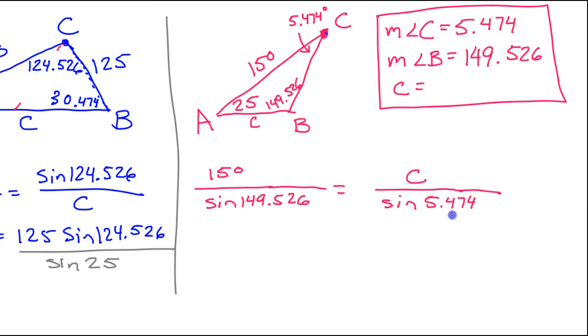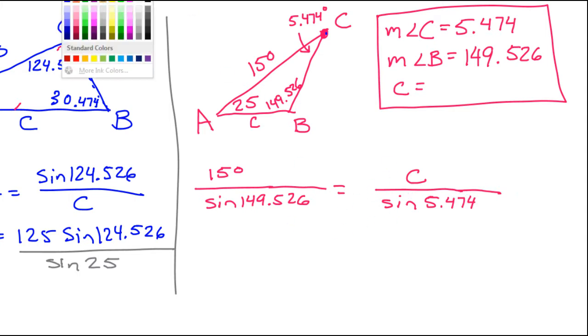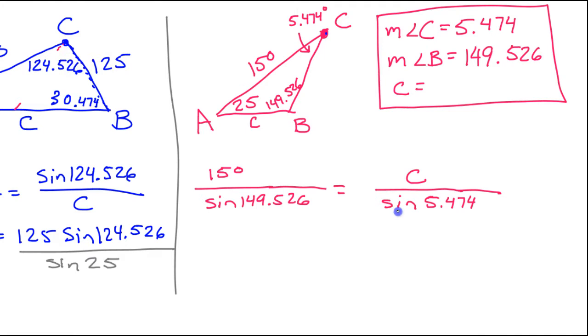Okay, so now I can solve this law of sines by multiplying both sides by sine 5.474. So I'm going to do sine 5.474 on both sides. Alright, that way these will cancel each other out.